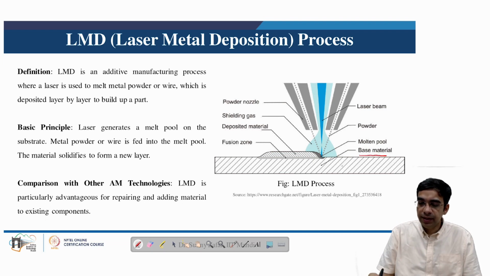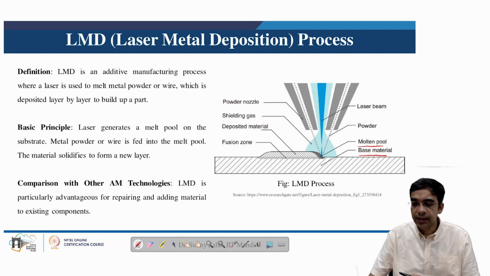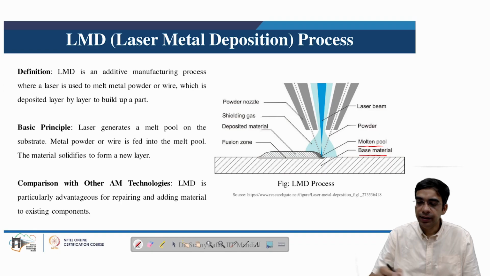On top of the base material we have the molten pool, which is created as the material absorbs the laser energy. The powder is coaxially fed into the molten pool, and this coaxially fed powder is subsequently melted once it interacts with the laser beam.